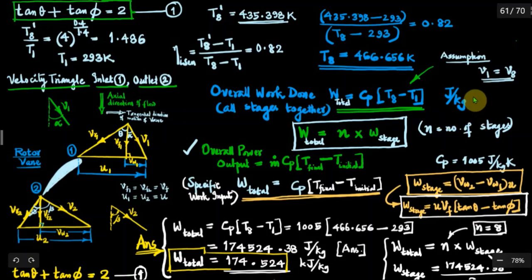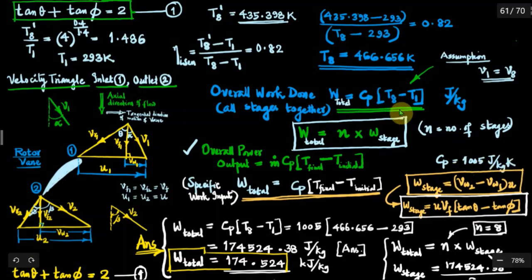Remember, this is specific work done. When work done is expressed per unit mass of air, that is specific work done. Here Cp we know, 1005 joule per kilogram Kelvin for air.